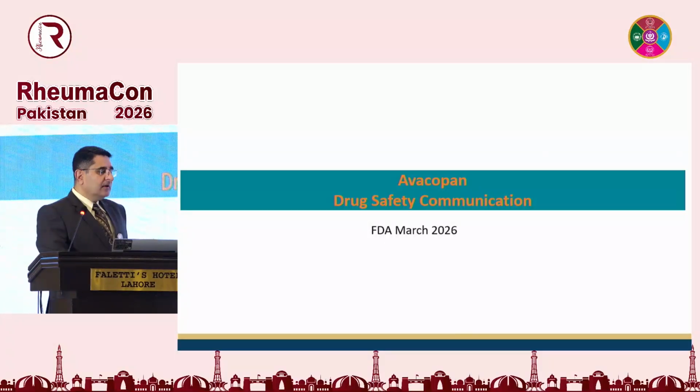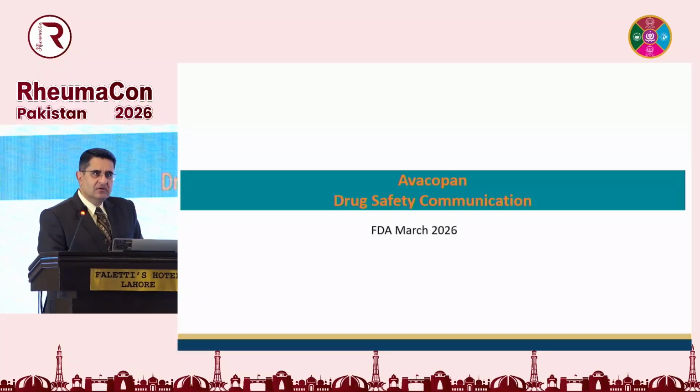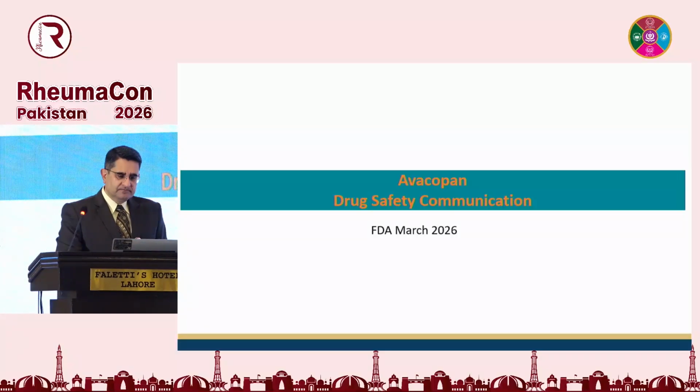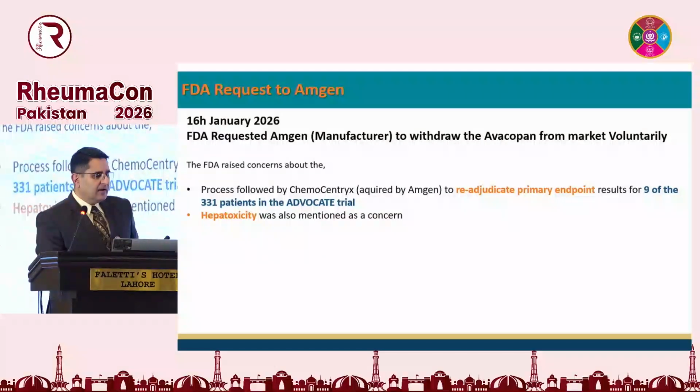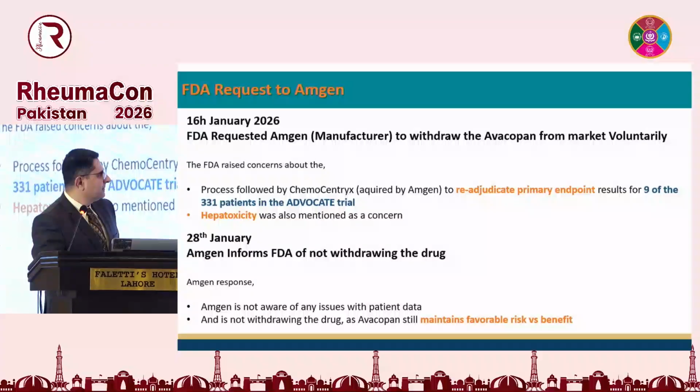But at the end of March, there was a drug safety communication to the manufacturer by the FDA. They said that they have found some fallacies in 9 of the 331 patients in the ADVOCATE trial, and they have asked the manufacturer to reconsider their endpoints. Hepatotoxicity was also mentioned as a concern.